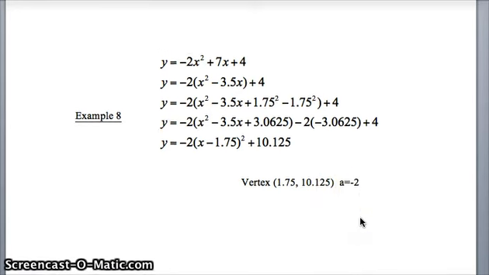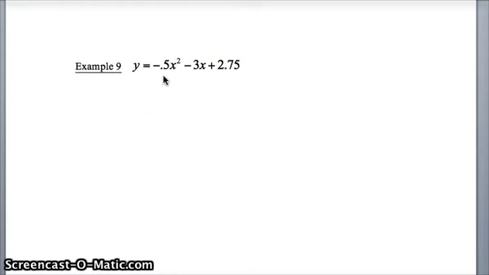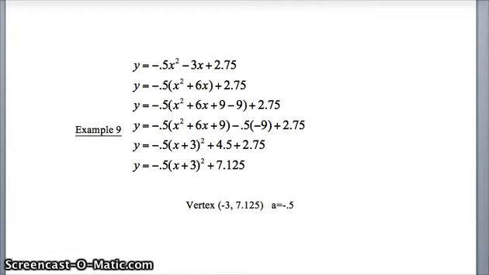All right, so the very last example I have for you is with a decimal A value. So go ahead, pause the video, try factoring this by yourself, putting it into vertex form, and then press play to check your answer. All right, so notice when you factored out the -0.5 from your first two terms, your minus 3x is actually going to become plus 6x because we divided 3 by 0.5. So we actually made it bigger. Now we're taking half of 6 and squaring it, so we're adding 9 and subtracting 9.